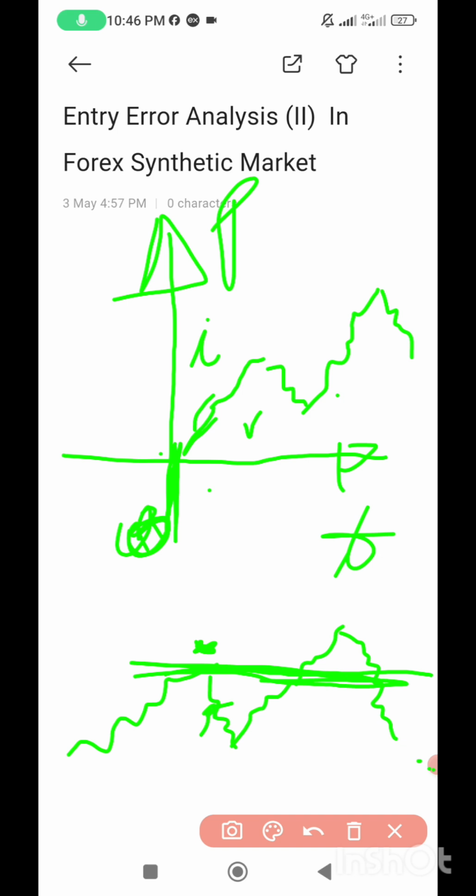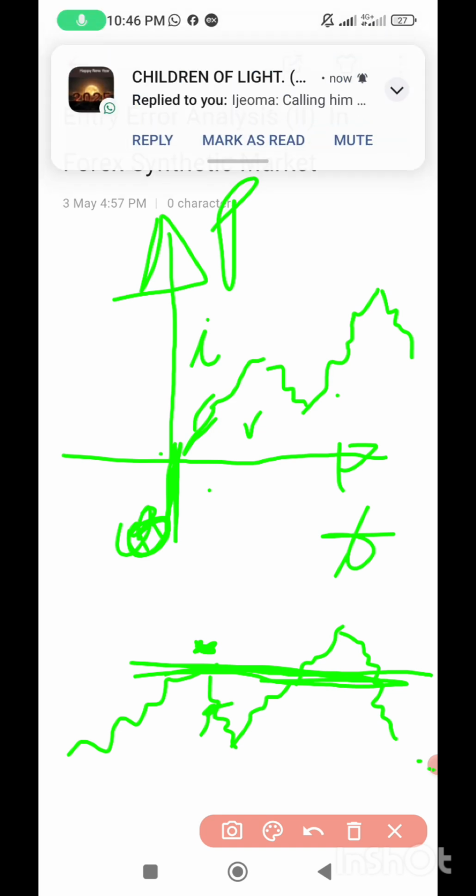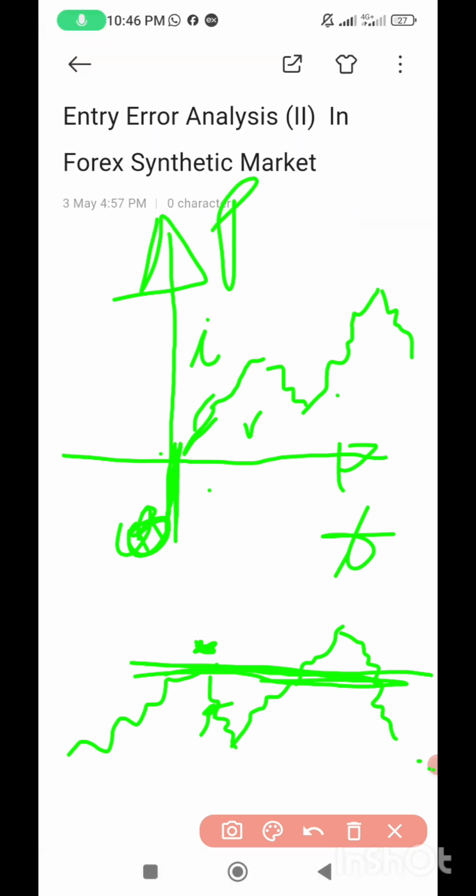so right now I've been talking about how this error affects your profit or loss, but I've not said how you can actually implement it. When you look on the chart, how do you know that your entry is full of errors? How do you know that your entry is okay, there is no error?